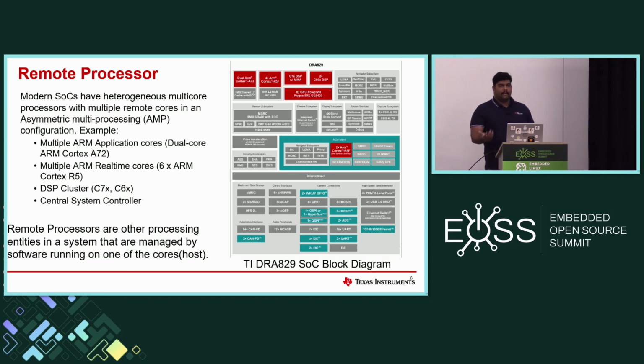In our devices, we have a startup core, a Cortex-R5, which boots up the Cortex-A53 or A72 cores, so the Cortex-A core is a remote core with respect to the bootloader. When you come to Linux and you have a DSP accelerator core or a real-time MCU core, those cores which you manage from Linux are the remote cores from that perspective.